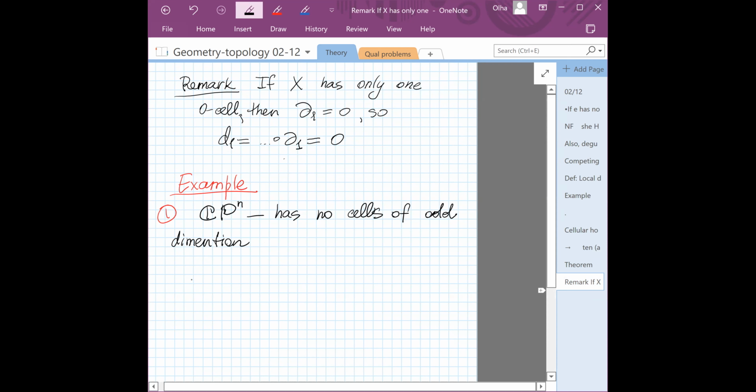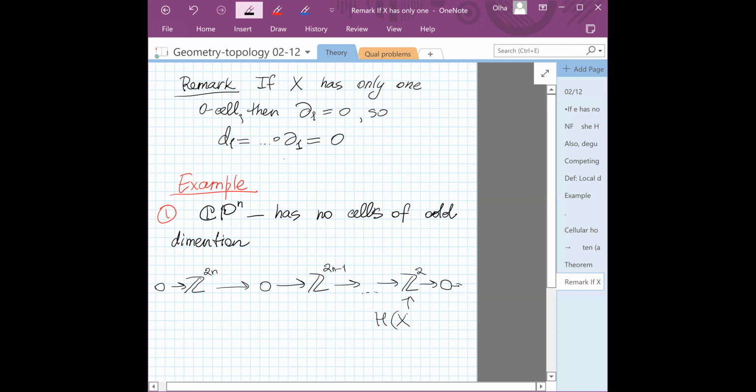So what we're going to have is C to 2n, 0, n minus 1, 2, 0. That's it.